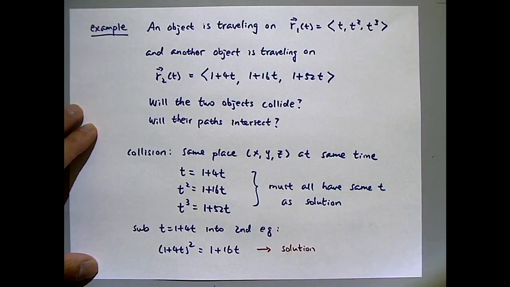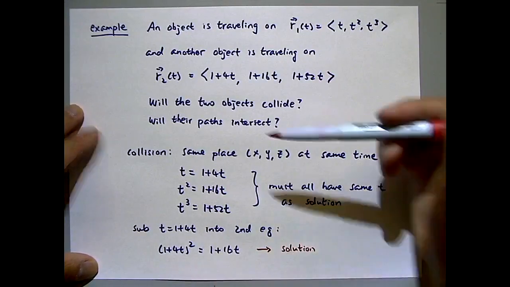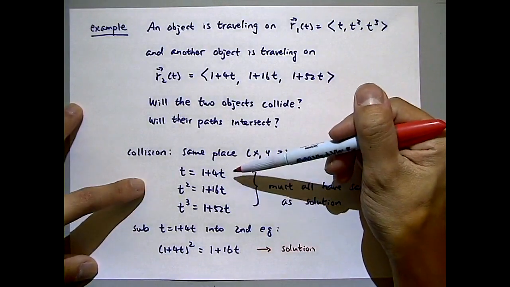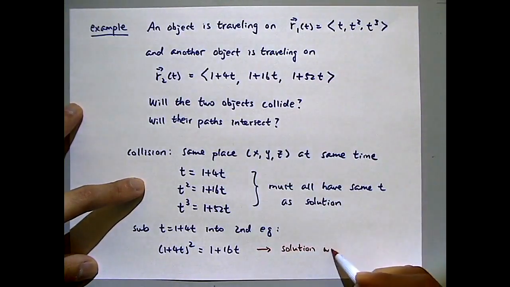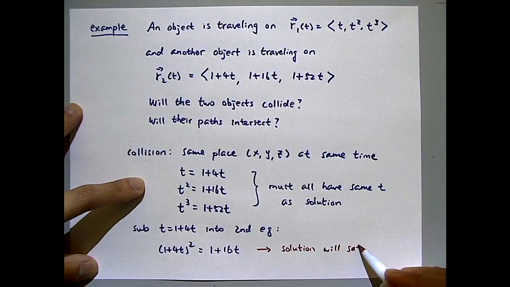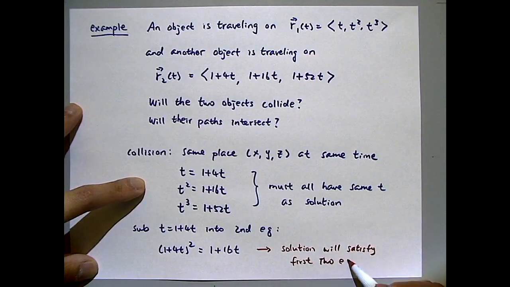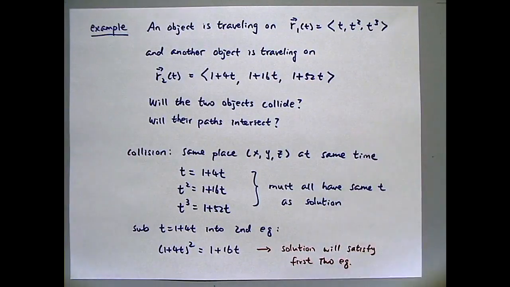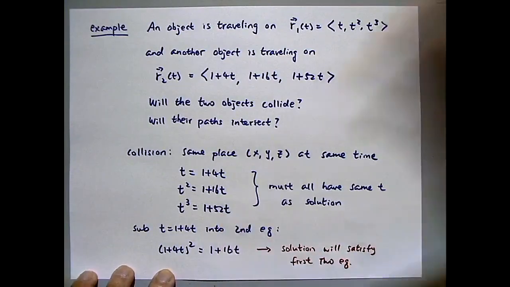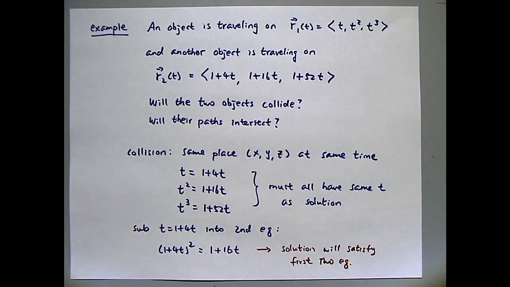And the solution of this equation right here will satisfy the first two equations. That means whatever t I find, at that t, x and y will have the same value. Then we just take that t and see if it works in the third equation. That's going to tell us if the third component will intersect.